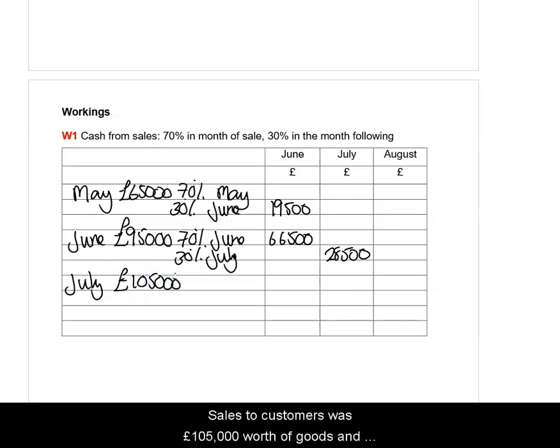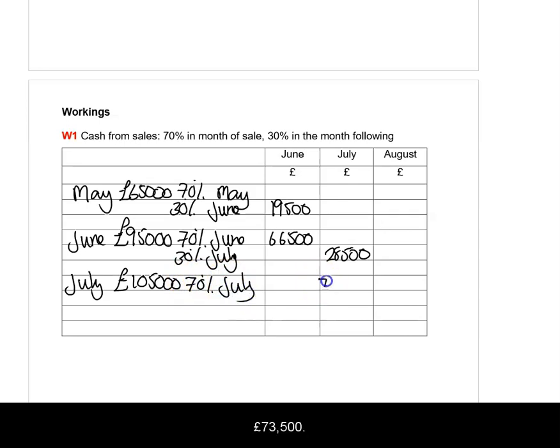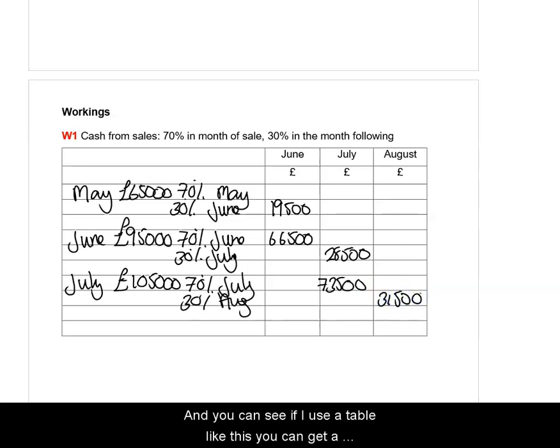We sold to our customers £105,000 worth of goods, and those customers are going to pay 70% in July, and that 70% is 73,500, and 30% in August, and 30% is 31,500. And you can see by using a table like this, you can get a clear indication of which months you actually receive the cash from your sales.